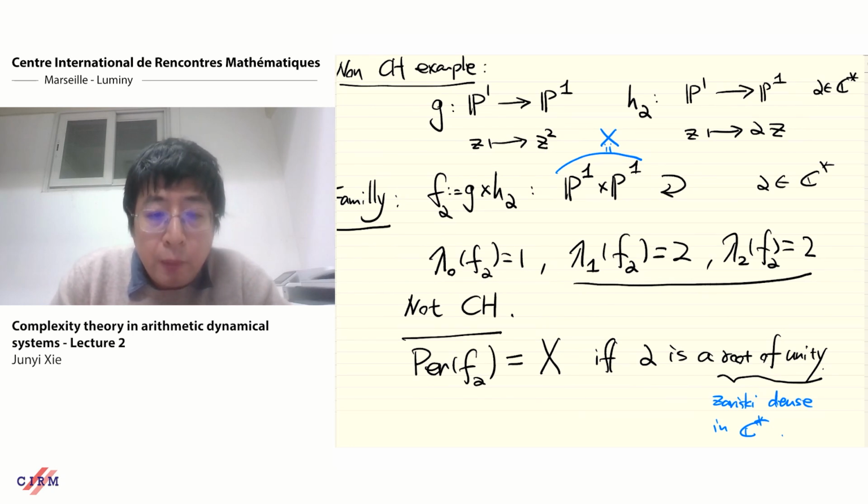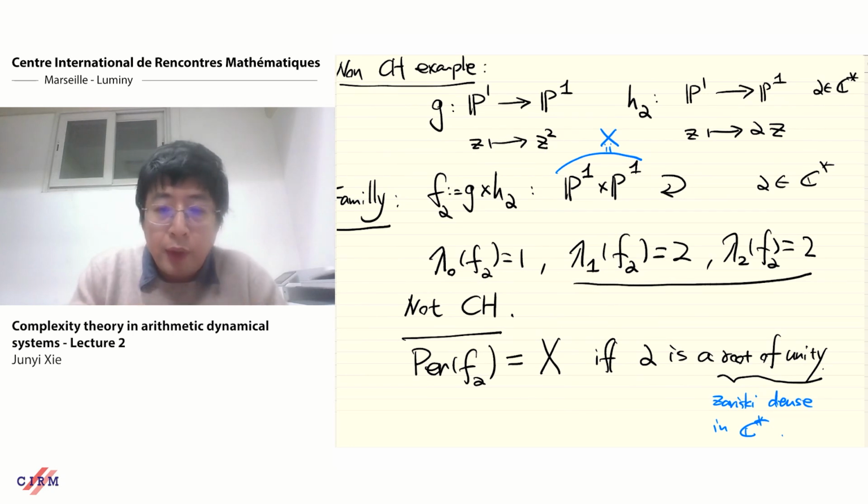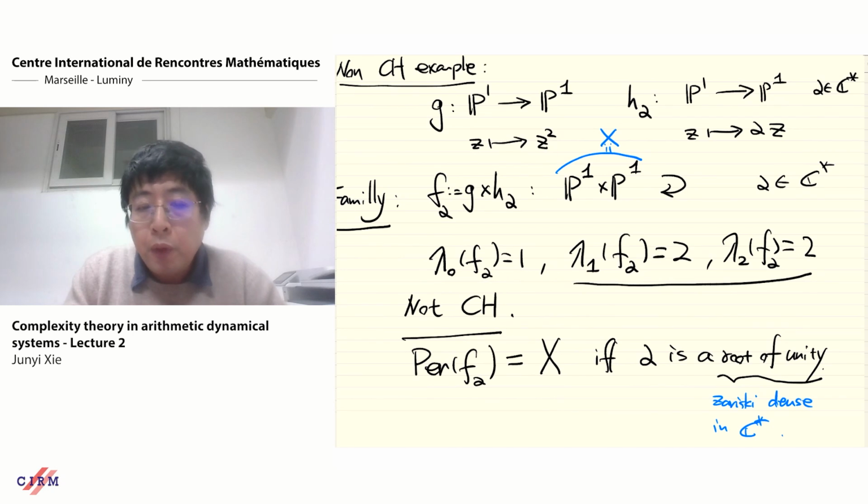Okay. And it is easy to check that in this case, the periodic points of F_alpha are Zariski dense if and only if alpha is a root of unity.